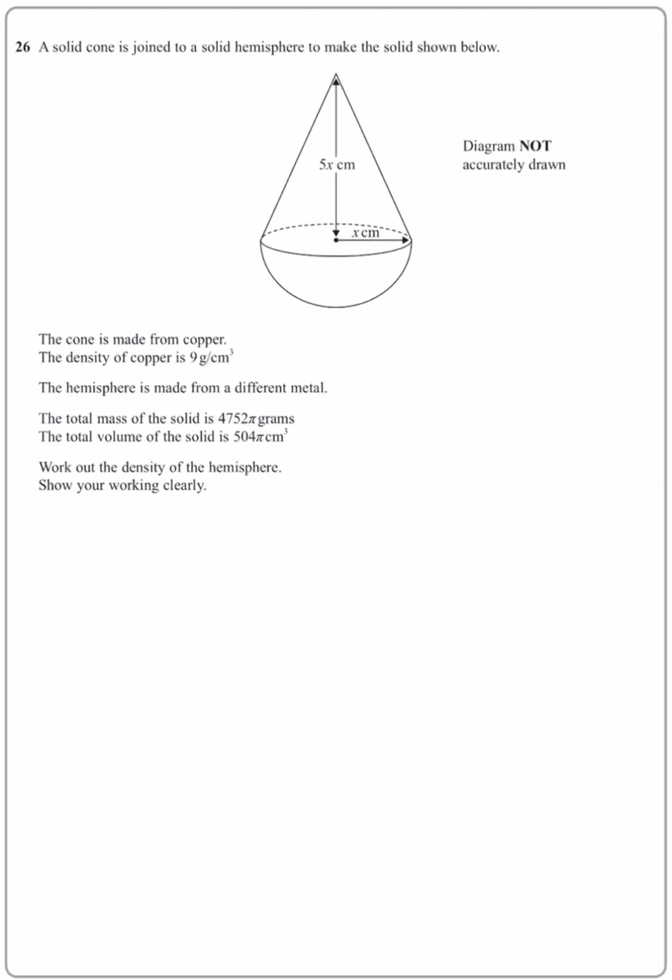Question 26, the cone sat on the hemisphere. So we are told that the total volume of the solid is 504 pi. So 1/3 pi r squared h for the cone, 1/3 pi times x squared times 5x, plus the volume of the hemisphere, that's 2/3 pi r cubed. r in that case is x.